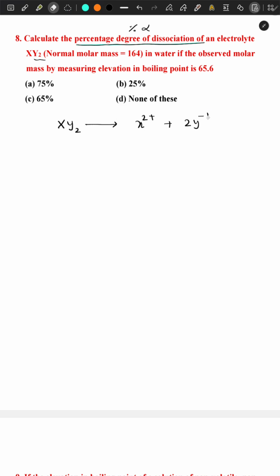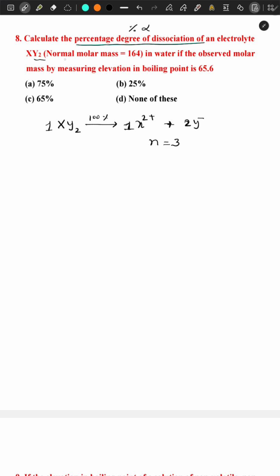So how many ions are produced? 1 mole of XY2 produces how many moles of ions if it undergoes 100% dissociation? Definitely 1 mole of X2 plus and 2 moles of Y minus. So the total number of moles of ions produced will be 3, that is the N value will be 3.